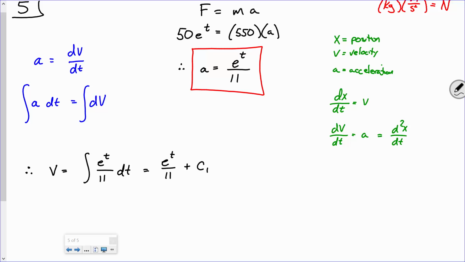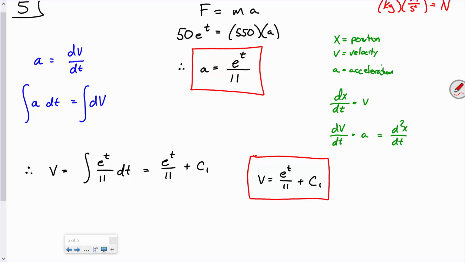So, I've got that the velocity is e to the t over 11 plus c1. I got that c1 there. How do I get rid of that? I get rid of that by using boundary conditions. Okay? How did this particle start out?